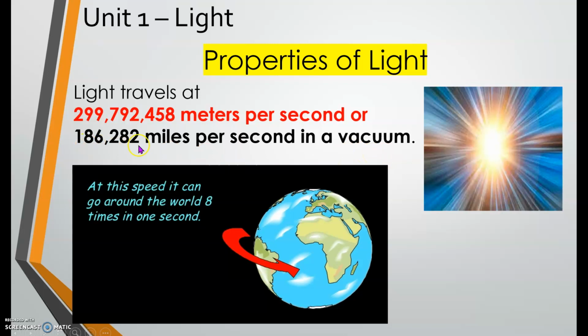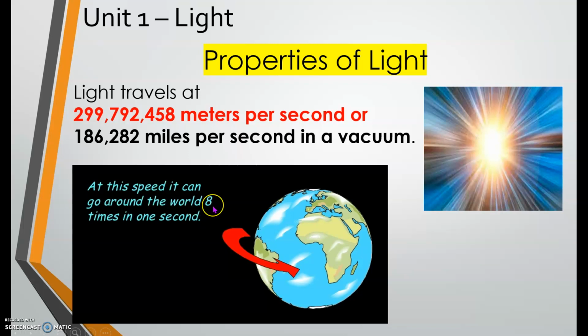That's why the speed is very fast. At this speed, light can go around the Earth 8 times in only 1 second. So how many times can the light go around the Earth again in only 1 second? How many times?